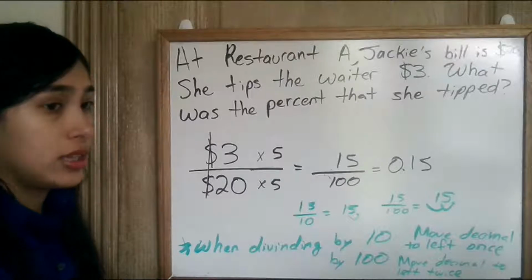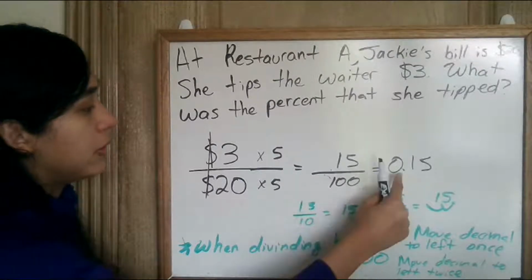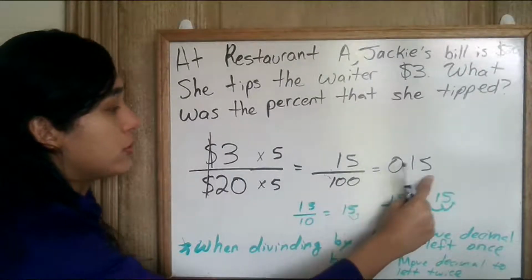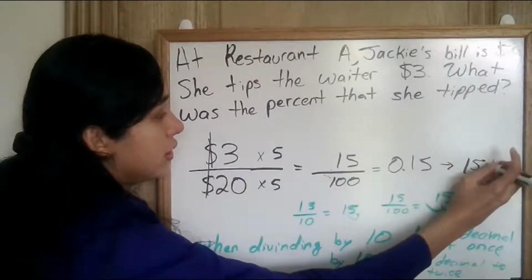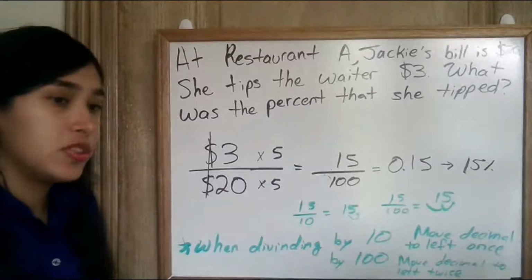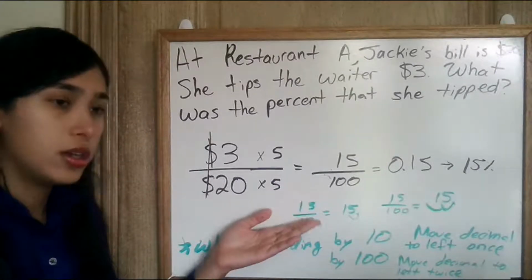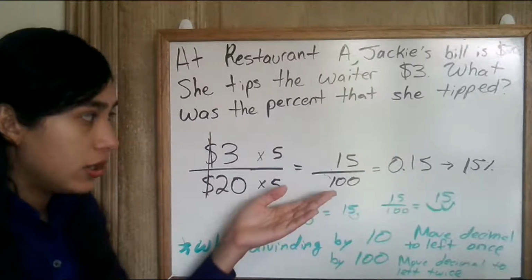And now we can convert that into a percentage by moving the decimal twice to the right. That gives us 15%.